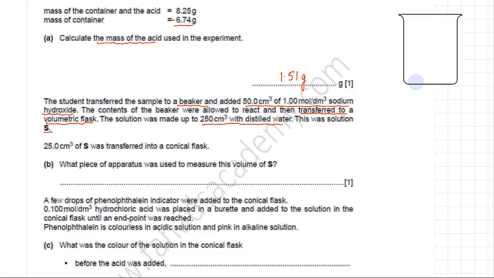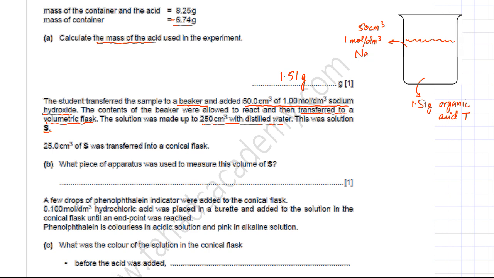The 1.51 grams of organic acid T are being placed in the beaker, and after which we add 50 cm³ of 1 mole per decimeter cube sodium hydroxide, NaOH.